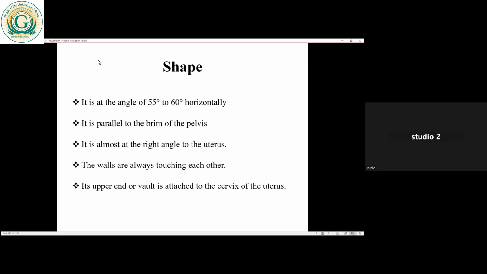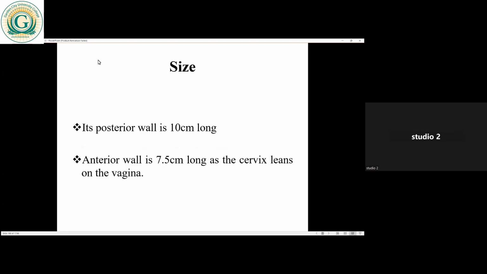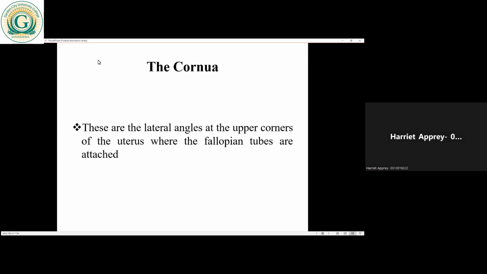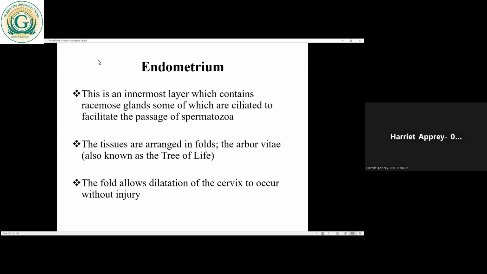So if it's a prolonged labor, the midwife or whoever is managing the woman should know, and if it can't deliver per vagina, then they do a cesarean section, or they do forceps delivery or vacuum. If you allow the woman to be in labor and force the baby out, it can cause the tear. So that is timely delivery. Okay, sir, thank you. You're welcome.